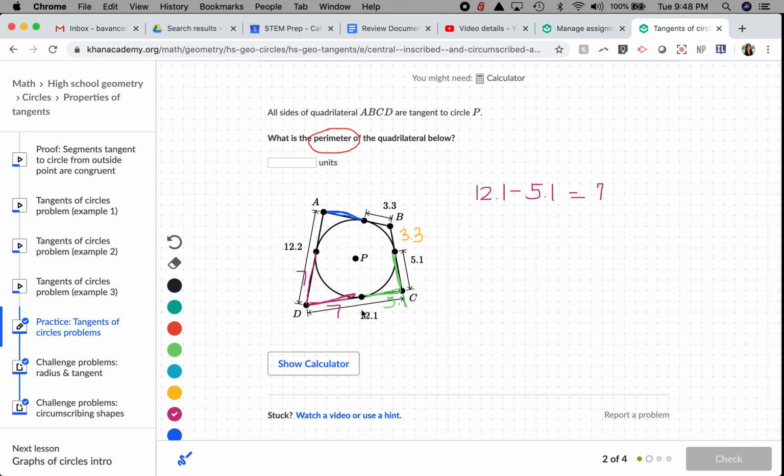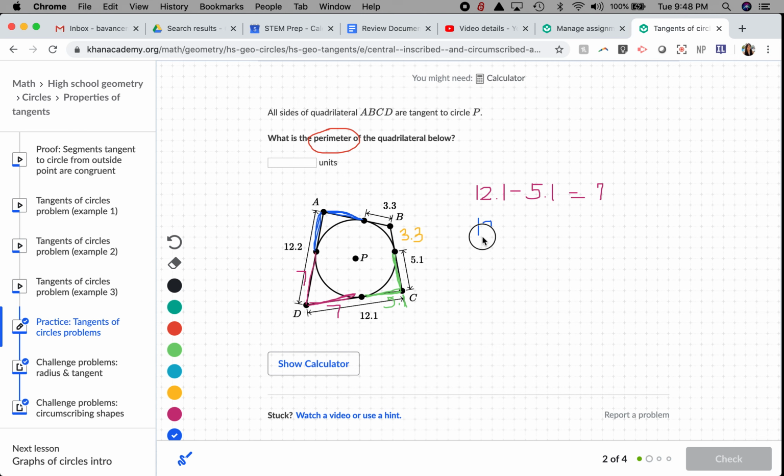Now on this side of this quadrilateral, if the whole segment AD is 12.2 units long, then we will be able to find the measure of this segment.